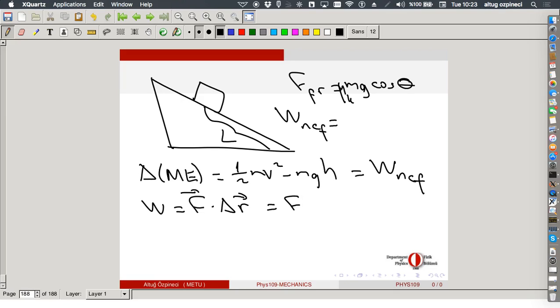Okay, F times L. Well, let's substitute the values. The magnitude of the force is mu k mg cosine theta. The magnitude of delta R is, as your friend said, L times cosine of what?